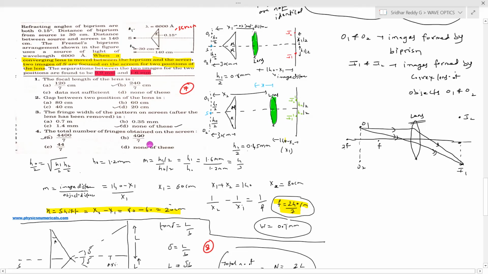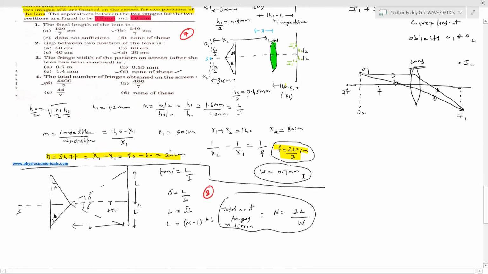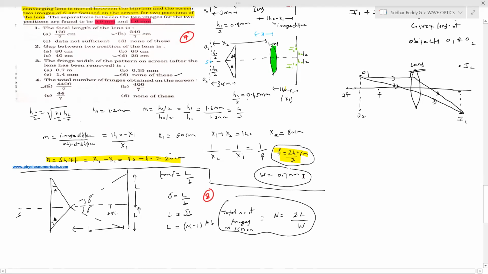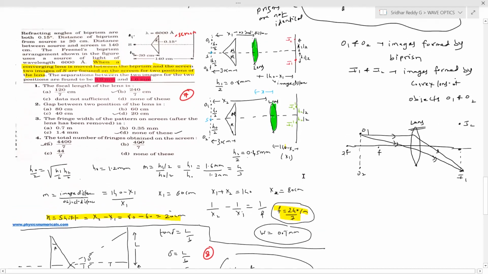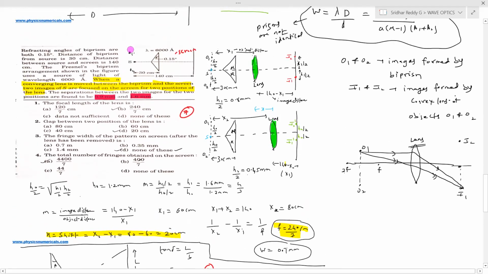From where should I bring h naught? I think again you have to go back to the deviation. What is the deviation produced by the prism? Delta is equal to, I think I solved it somewhere here. How to calculate h naught by 2?